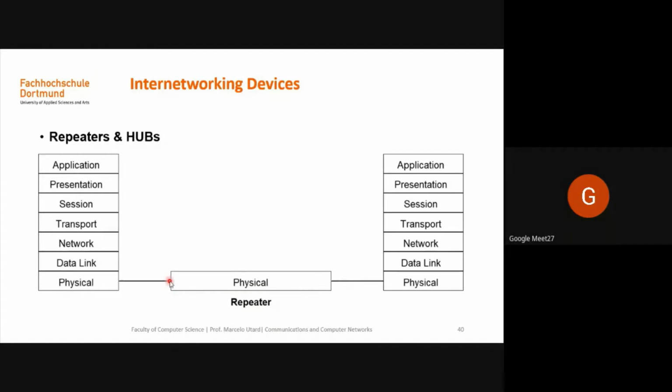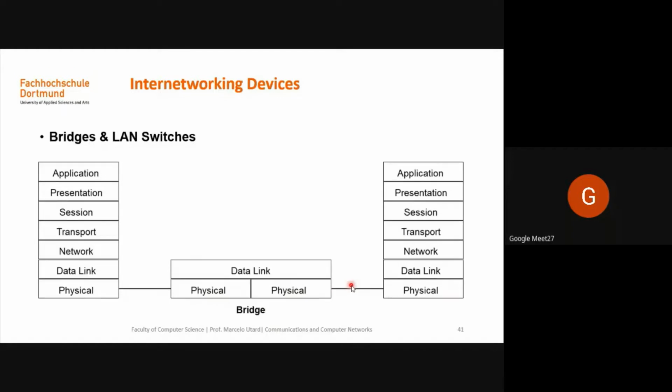If we receive a bit stream at, for instance, 100 megabits per second, we need to retransmit the bit stream across the other interface at the same speed. In the case of a bridge or typically a LAN switch, we are able to adapt different speeds. For instance, we could receive a frame across this link at 100 megabits per second.